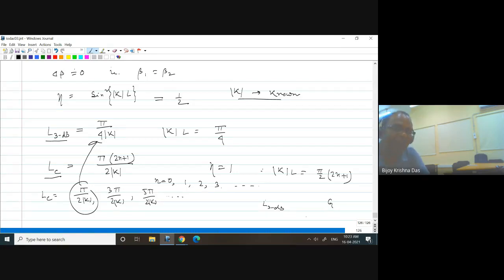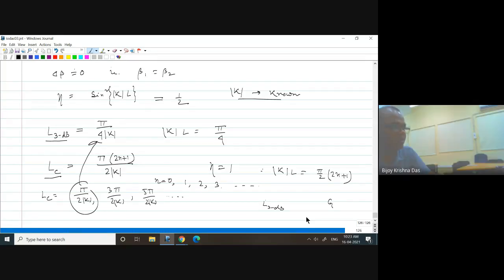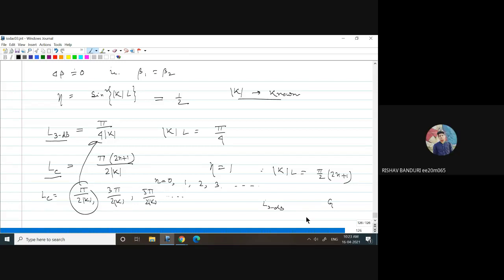Now, if this gap is increasing, will L3dB be increasing or decreasing? Sir, if the gap is increasing, L3dB will be decreasing, because kappa will be dropping.